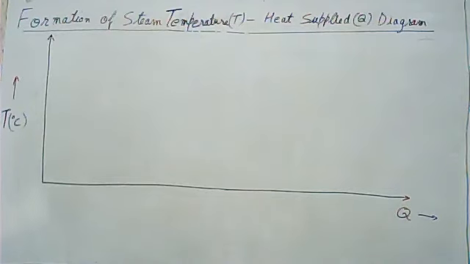Beyond that point, when we started adding heat, the steam reached the superheated region. Now, in the superheated region, the steam behaves like an ideal gas and obeys all the gas laws.